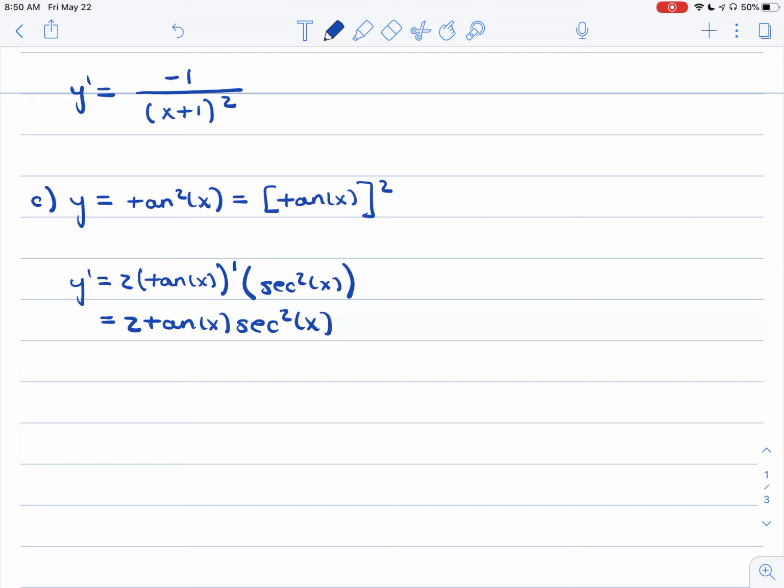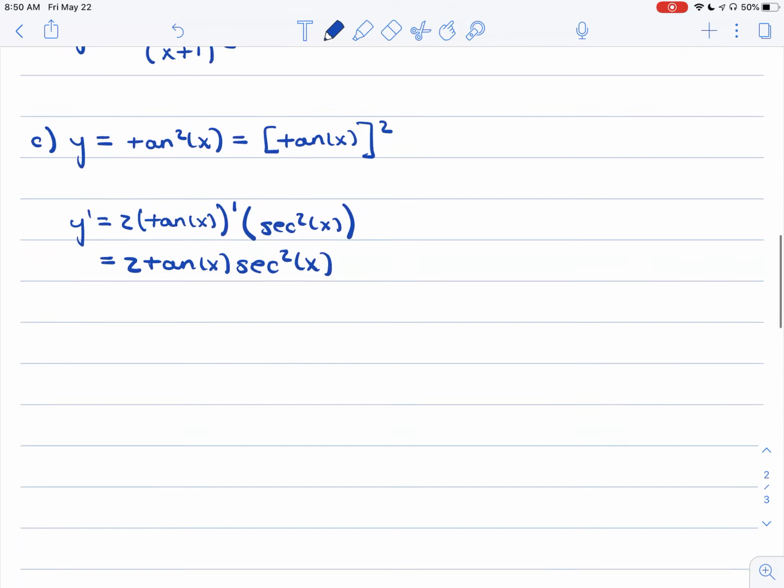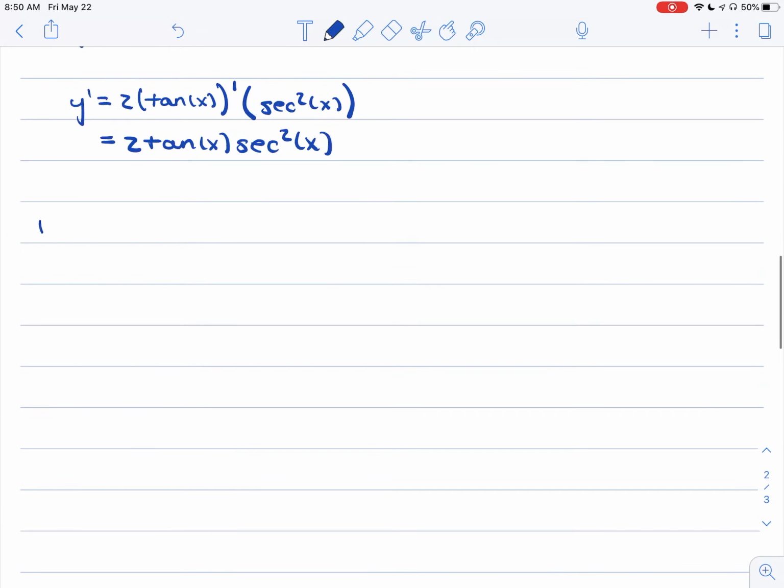All right. Let's look at one that's a little bit more complicated. Let's try f of x is equal to x squared times the square root of 1 minus x squared.